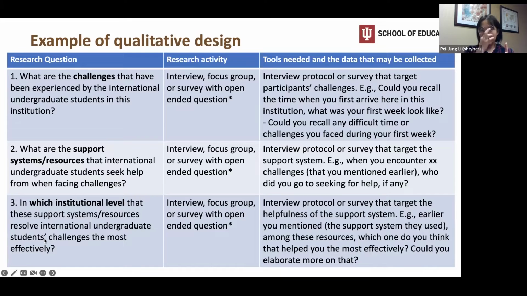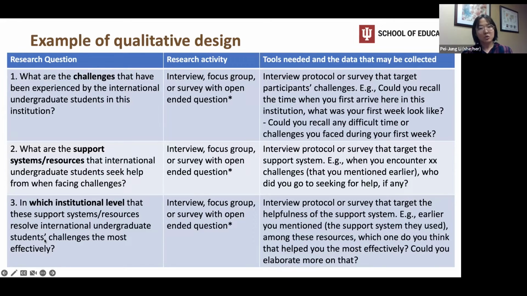Because some people say, oh, I'm doing a mixed method, but what they do is have only one open-ended question at the end and say, what's your experience? Sometimes the participant may not generate data as rich as when you facilitate with multiple open-ended questions. So that's my suggestion here.